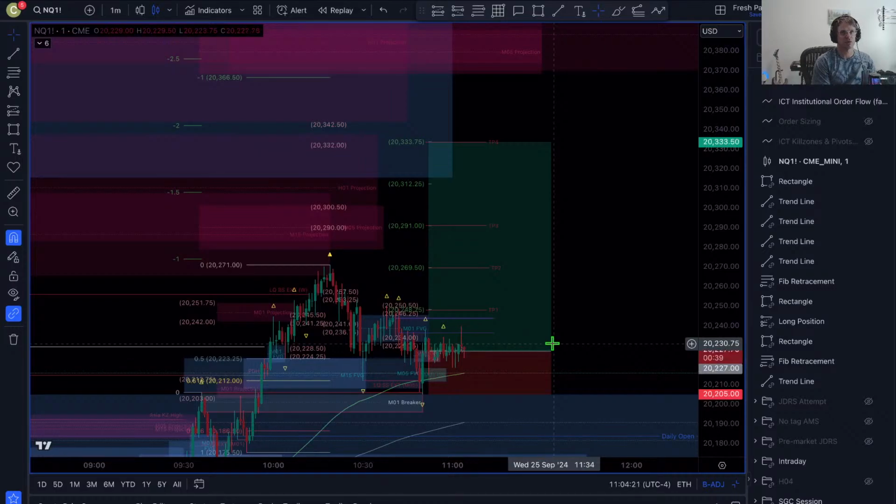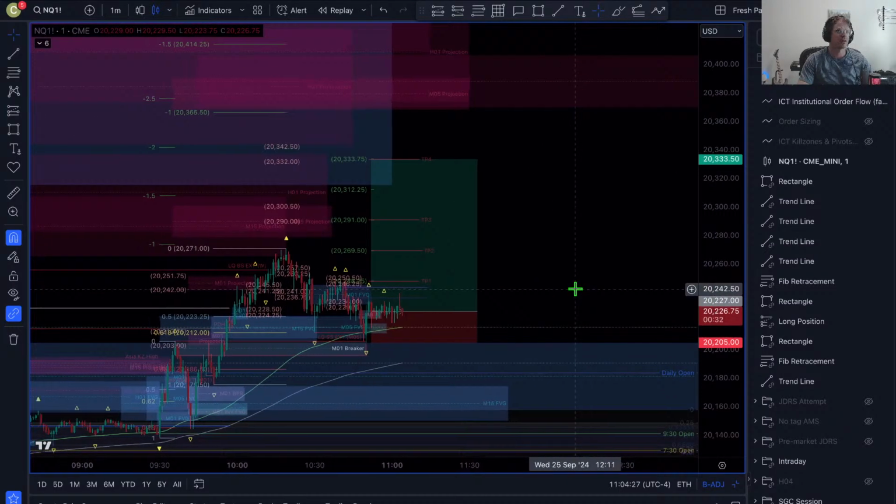We're effectively creating a lot of sell side liquidity that it could come sweep and then go, if it's going to go. And we just grab buy side liquidity and close below it.